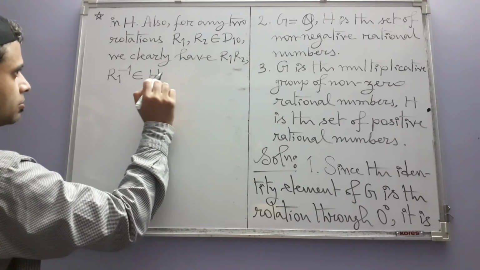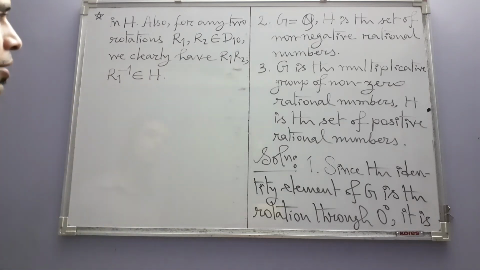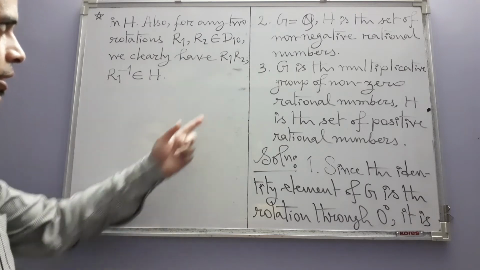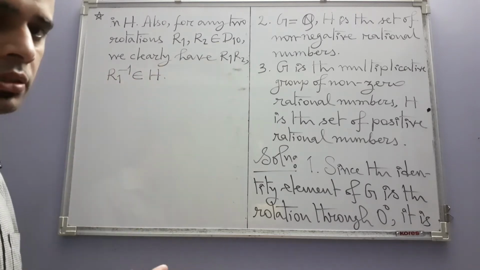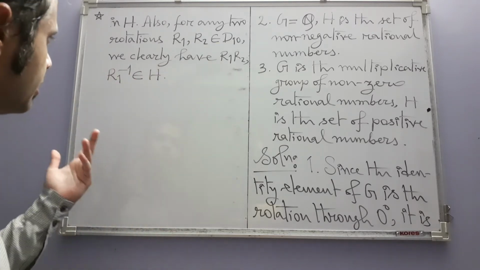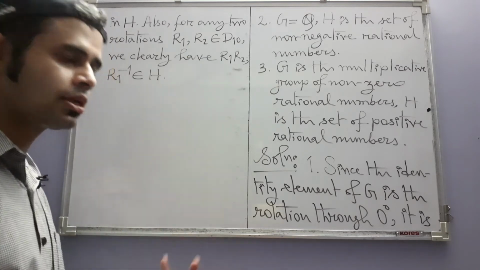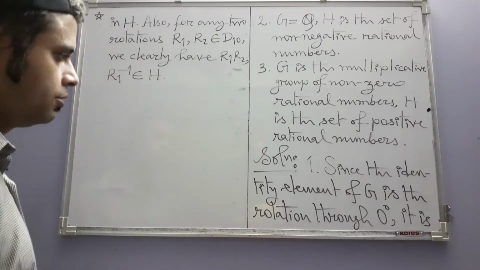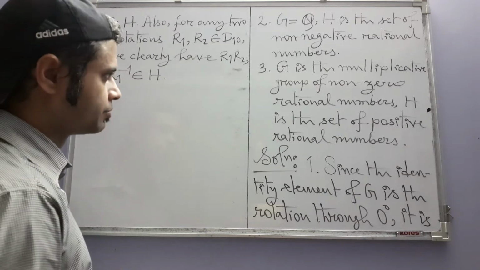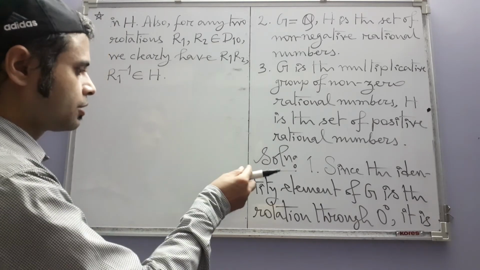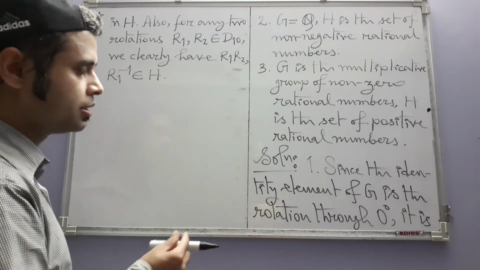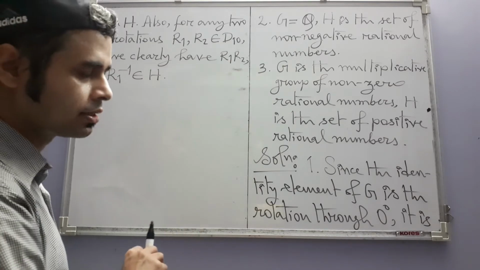in H, which is just another way of saying that both these elements, one of them R1, R2 and the other R1 inverse, are themselves rotations. You can clearly understand why. Say R1 is a rotation through an angle, R2 is a rotation through a possibly different angle.